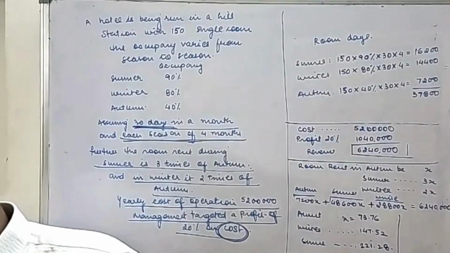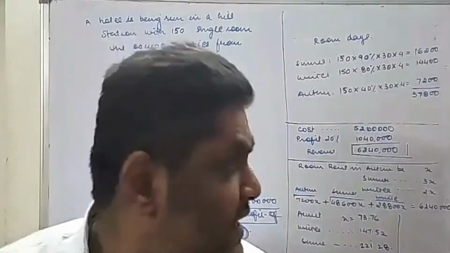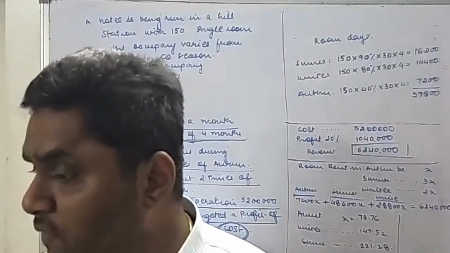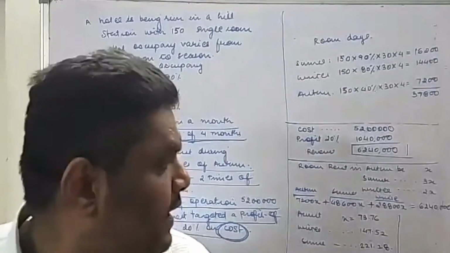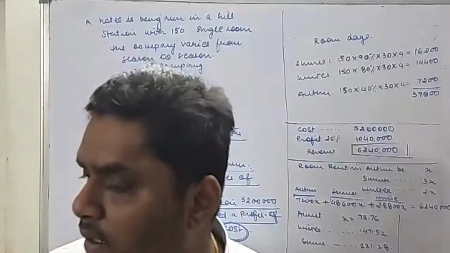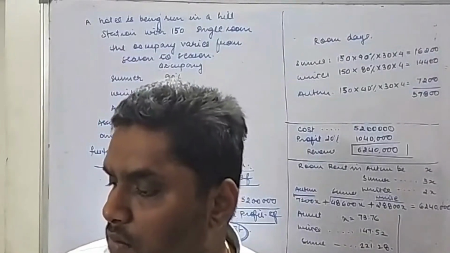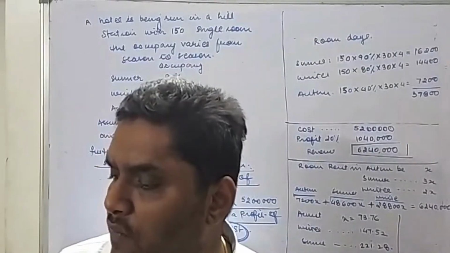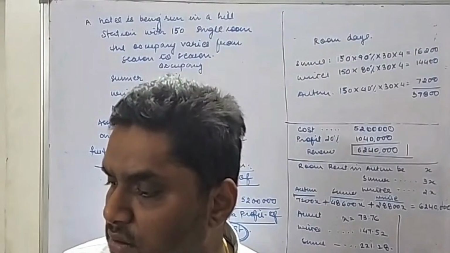So anyone having any doubts or queries, you guys can please post. I think one of the student Vikram also posted the correct answer, the round figure answer. So very good, Vikram. Your answers are correct. Rest, how come 4 digits answer? I'm surprised.